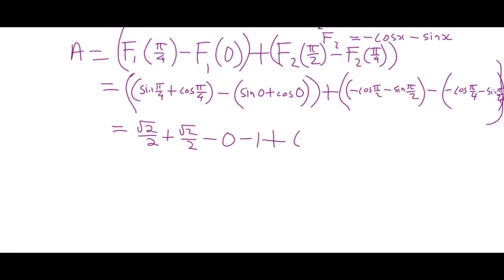So we can write minus the sine of pi over 2, so it'd be minus 1, minus negative cos pi over 4, right? So that's going to become plus. Cos and sine of pi over 4 are root 2 over 2, so this will become plus root 2 over 2, and this will become plus root 2 over 2.